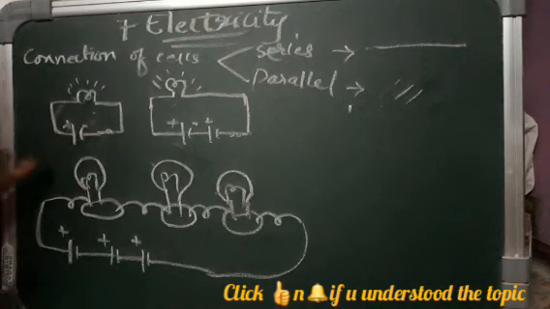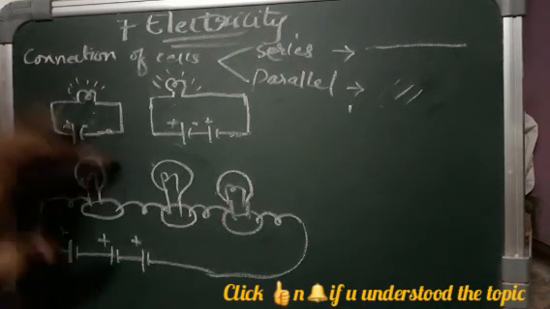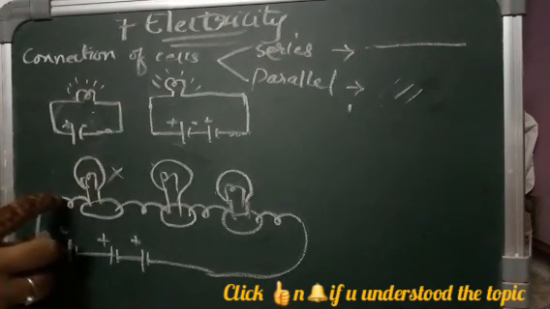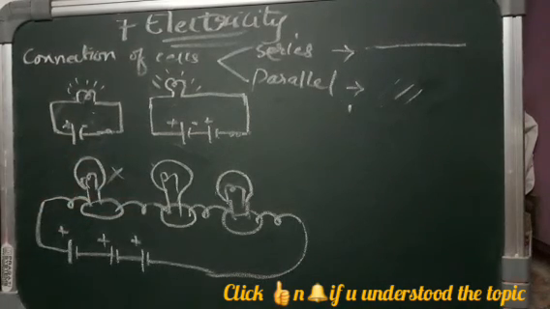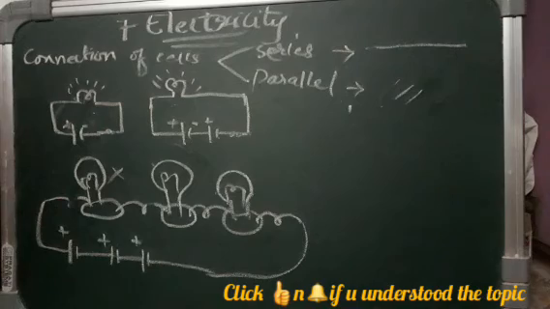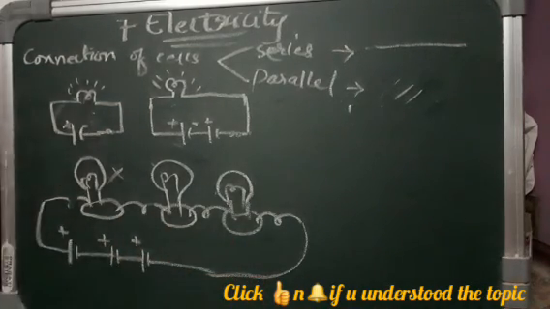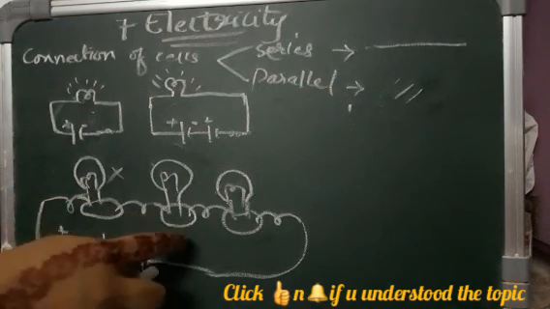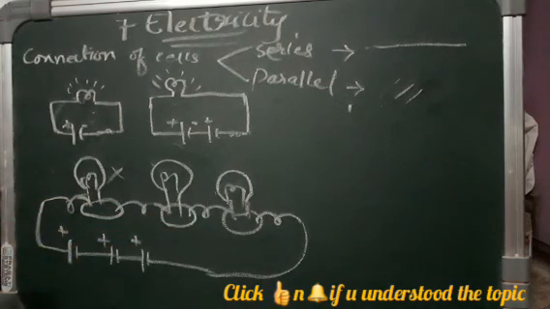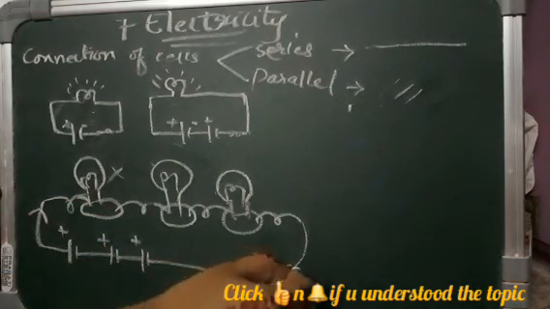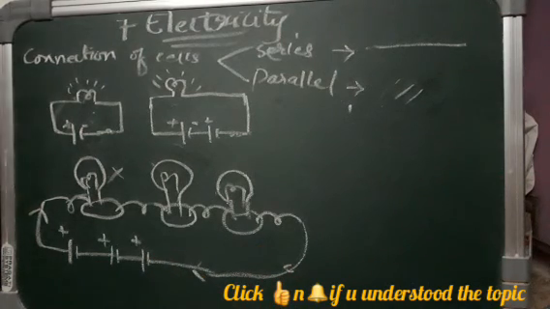But when you remove one bulb, the current is not passing to the second one, because the first one is stopping the current, and the third one cannot work. Only if the bulbs are connected can the current flow, isn't it?